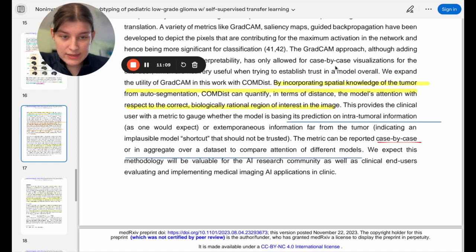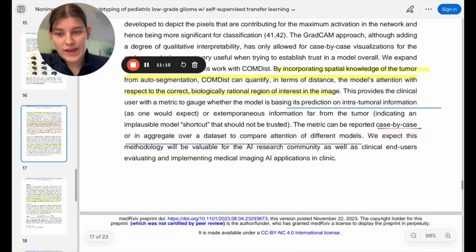They found the distance, and the model attention, basically where it was in the region of interest in the tumor, so they could provide it with clinical knowledge and see if it's valid or not. So not only do you have the integration of the physician or person of care, you can also integrate it with the intratumoral information, which is so cool too.